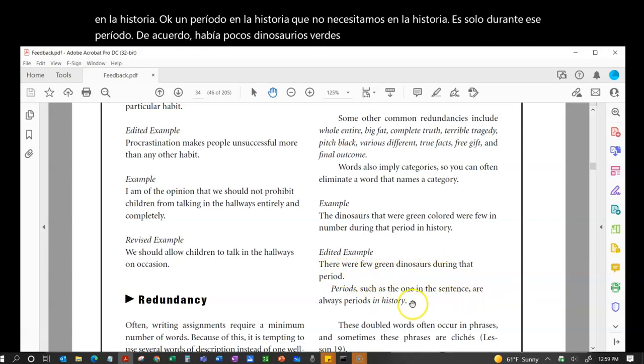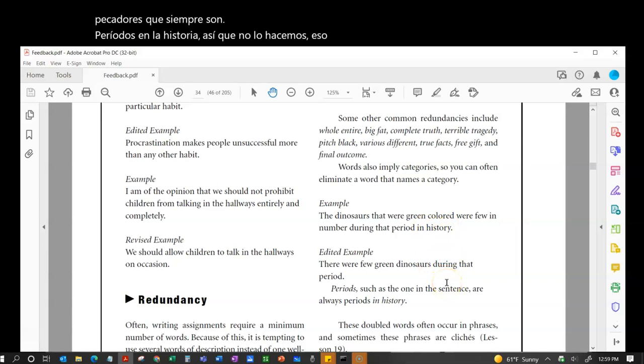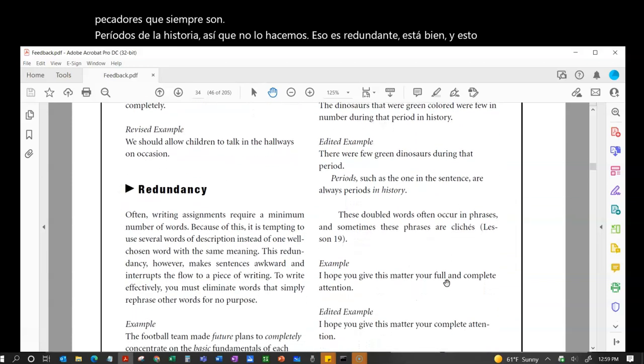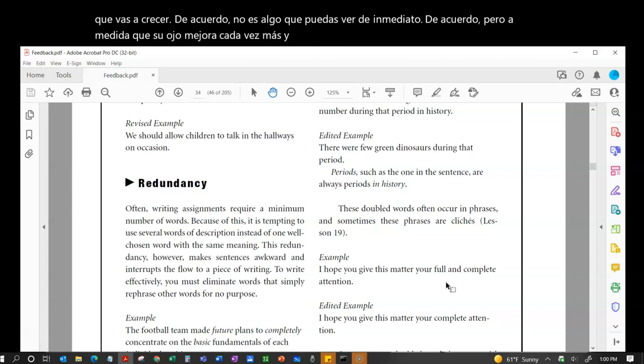Periods such as the one in the sentence are always periods in history. So that's redundant, okay? And so this is something that you're going to grow into, okay? It's not something that you're going to be able to see immediately, okay? But as your eye gets better and sharper at finding these details, it will get much easier, okay?